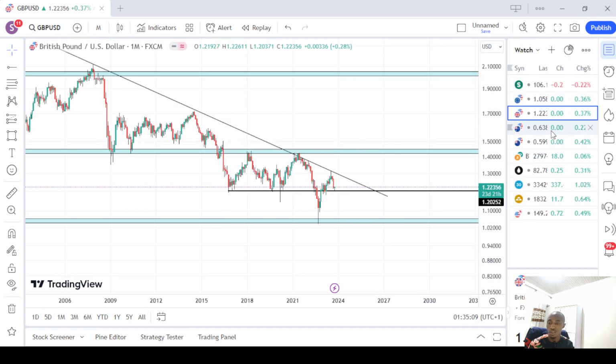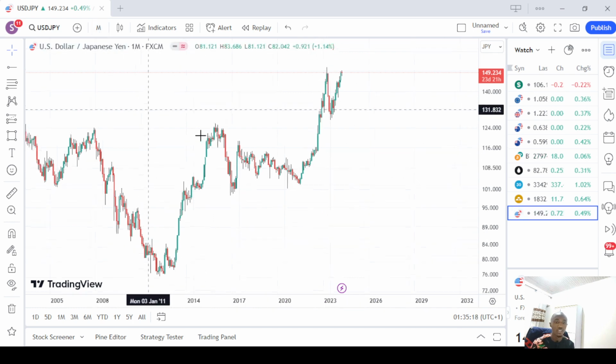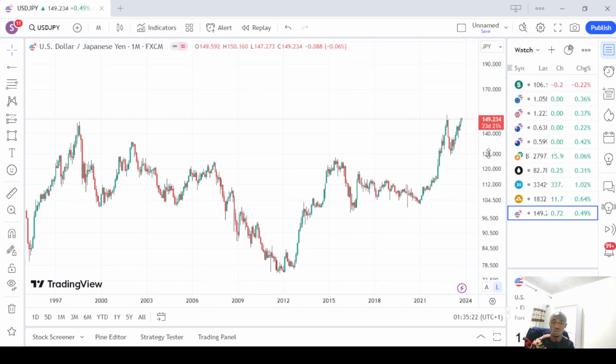Then coming down, I would like to do the same with UJ, since there are quite a number of traders that trade UJ also.